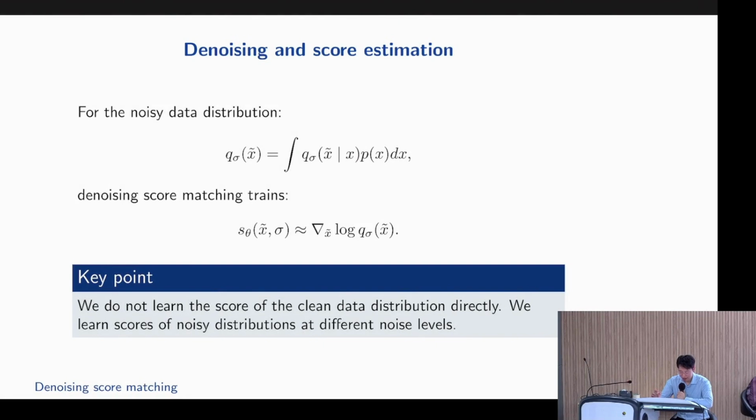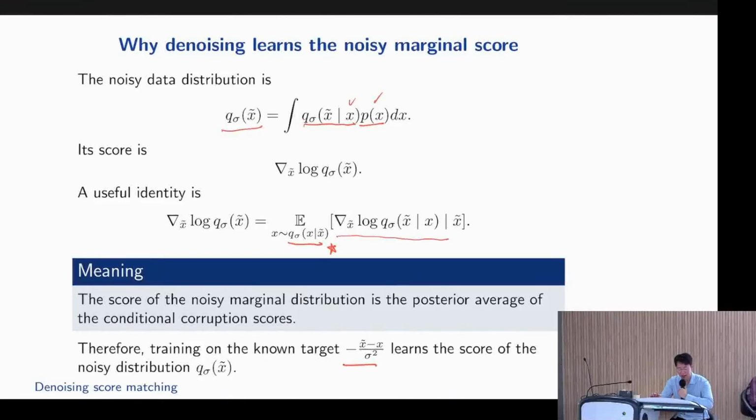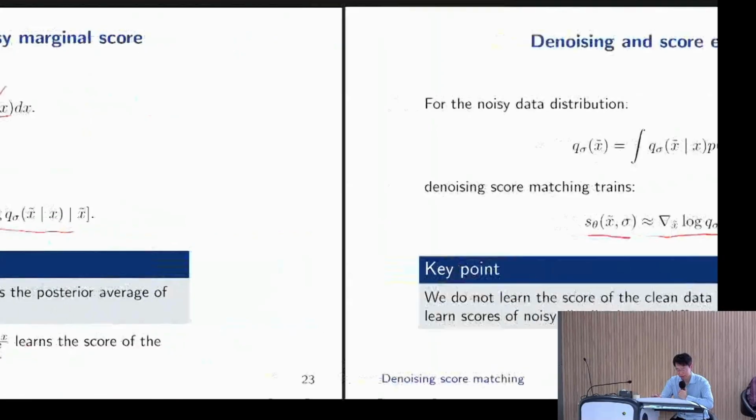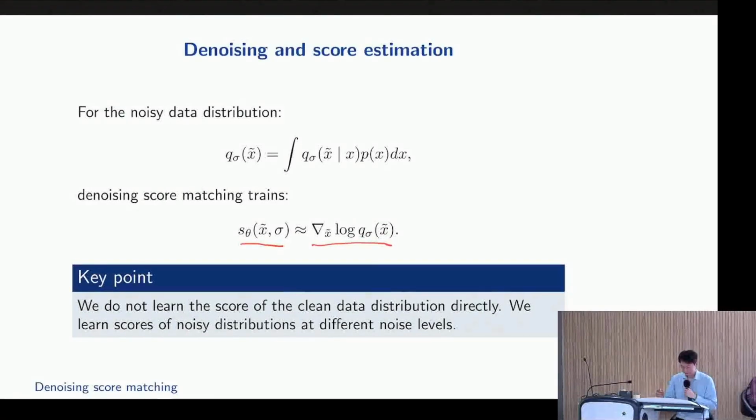So as a matter of fact, the score function actually estimates the score of the noisy data distribution. We don't learn the score of the clean data distribution directly, but it learns the score of the noisy distribution at different noise levels.